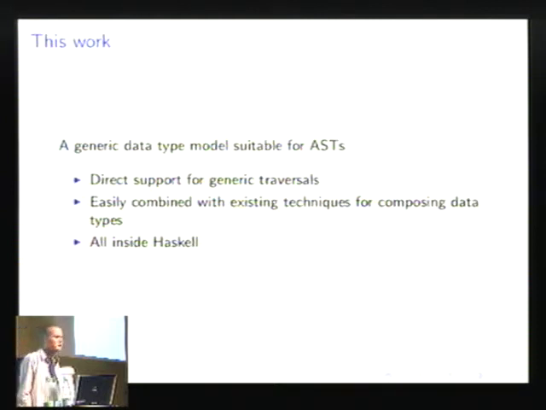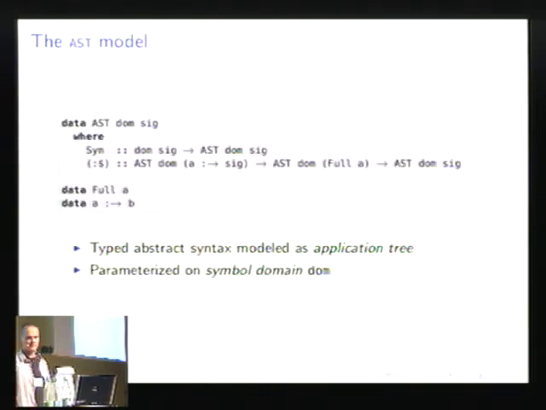So in this work, I propose a generic data type model which you can use to encode ASTs. It gives you direct support for generic traversals, and you can also use it to compose language constructs. And here it is, the whole model.